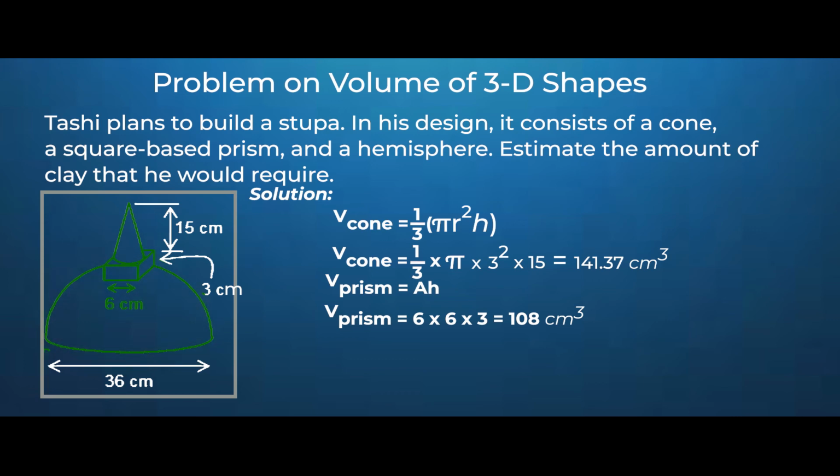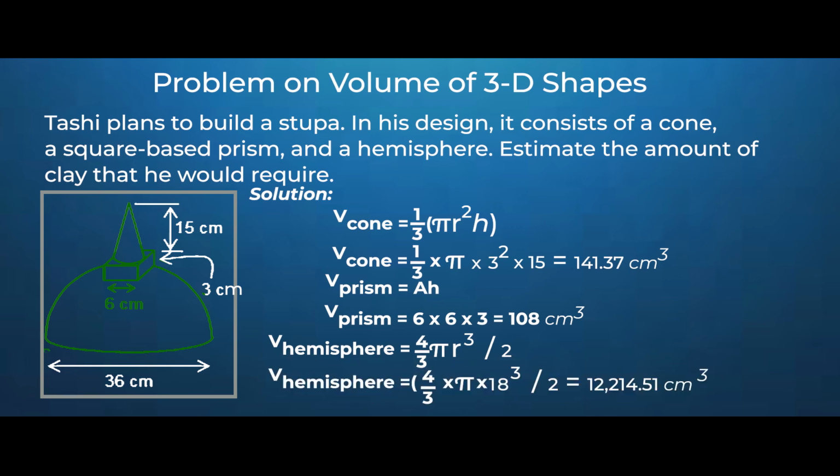Next, we need to find the volume of the hemisphere. A hemisphere is half of a sphere. What could be the formula to find the volume of a hemisphere? Volume of hemisphere equals 4/3 pi r cube divided by 2, since it is half the sphere. So we'll substitute the value for r. So what is the radius of the sphere?